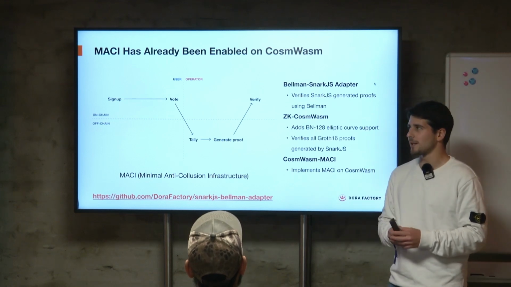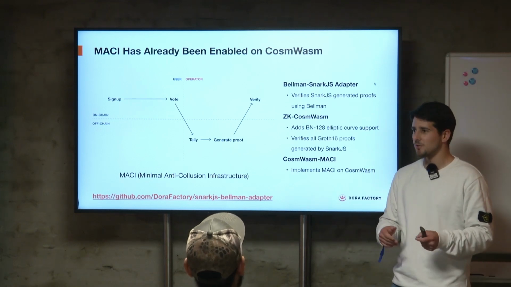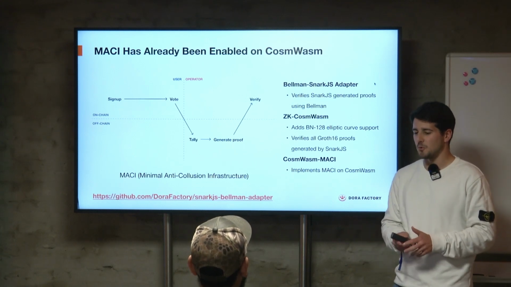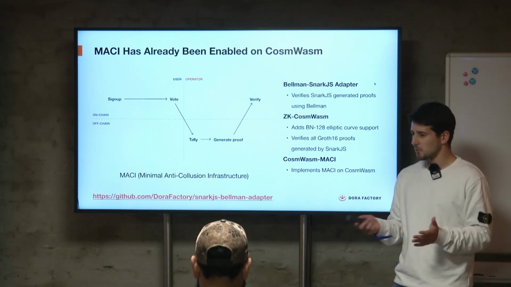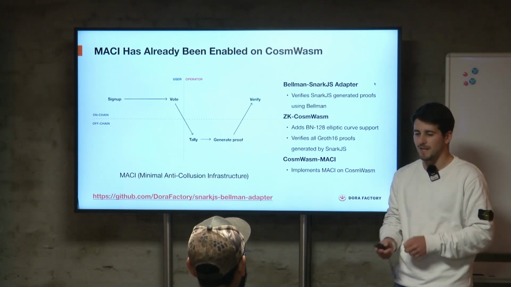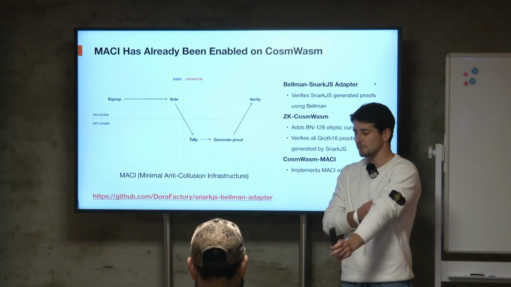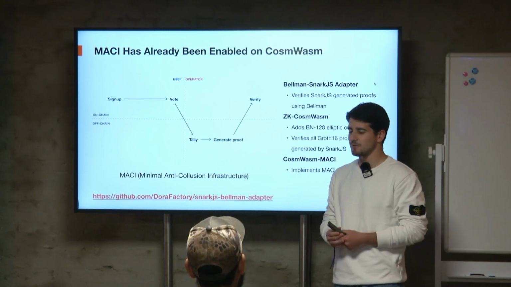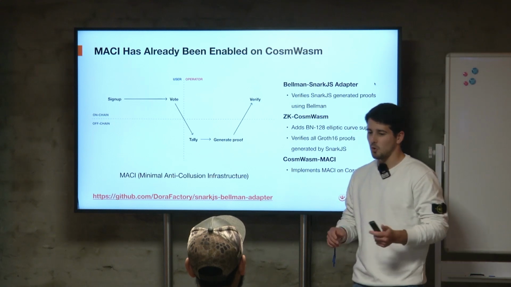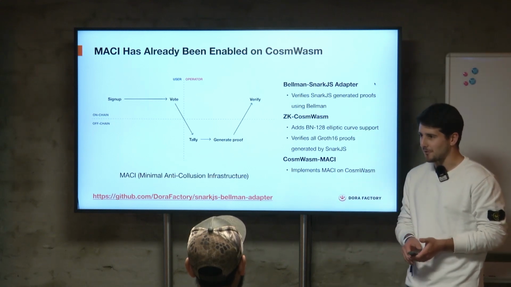What we wanted to do is find a way to make this a modular architecture, to be able to bring it to the multi-chain and actually make it scalable. Despite MACI having advantages related to on-chain privacy voting, it does have a few pitfalls, namely that it requires an operator for the round.